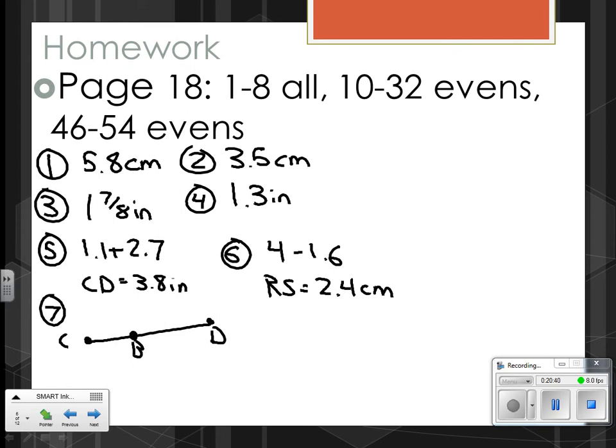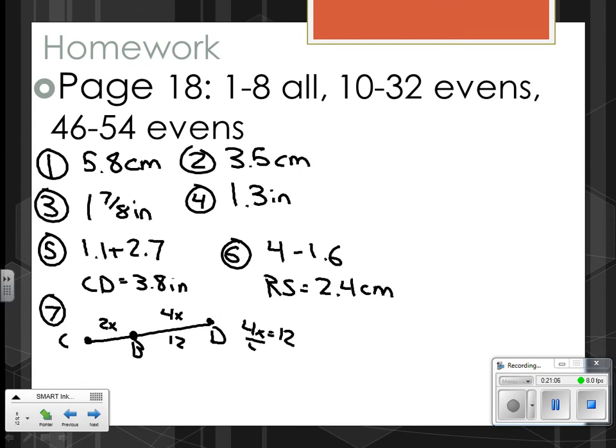Now that I've got that, I'm just going to go ahead and write down what I know. CB, this piece here is 2x. BD, this other piece is 4x. And they also told us that BD was 12, which really simplifies the whole process. So 4x has to equal 12 because that's the same thing.